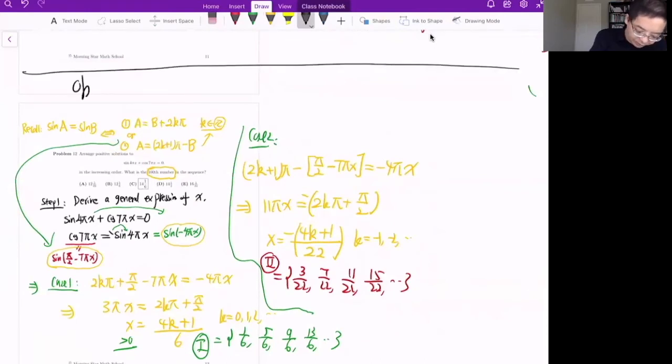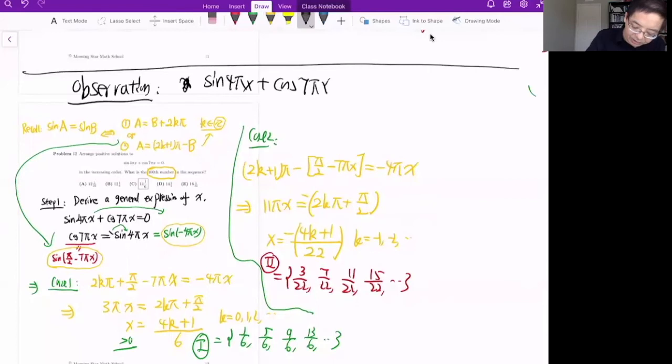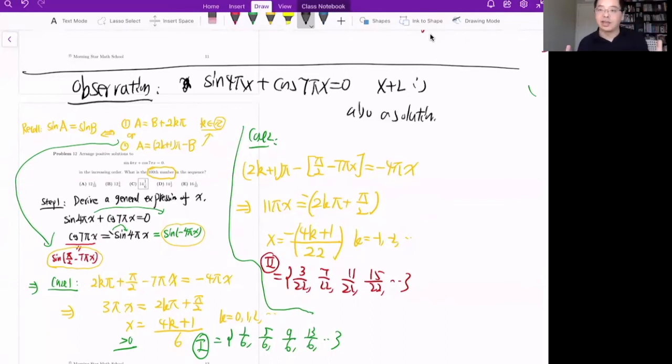So, observation. If I have sine 4 pi x plus cosine 7 pi x equals 0, then x plus 2 is also a solution, right? That's just because sine and cosine both have a period of 2 pi.